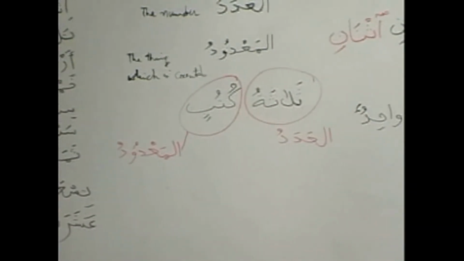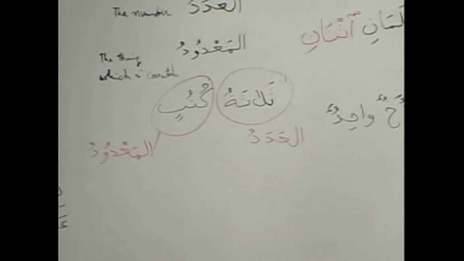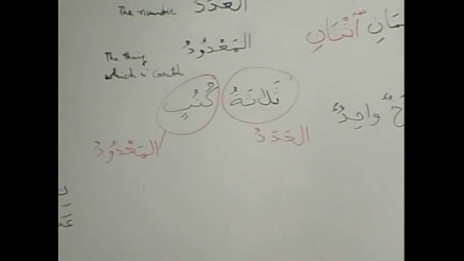Okay? But now, in this thalathatu kutubin, which is mudaf, mudaf ilayhi. Brother, what is thalathatu? Is the number. Al-adadu. Sahi? Number. And what is al-kutubin? Ma'dud. What is ma'dud? The thing which is being counted.